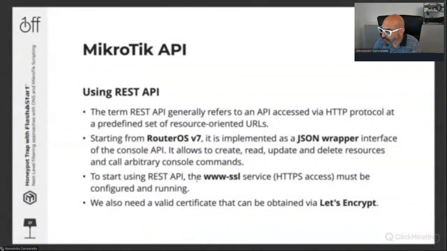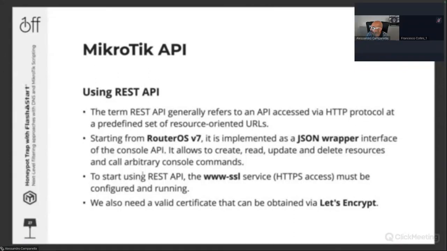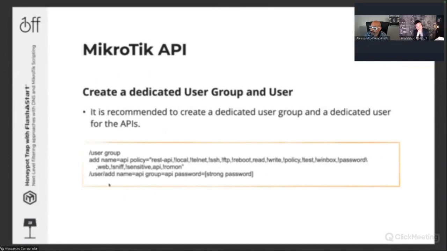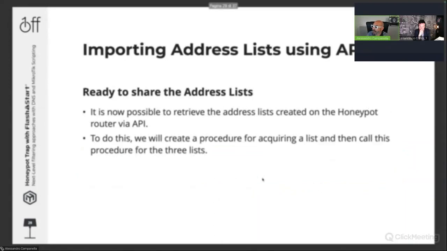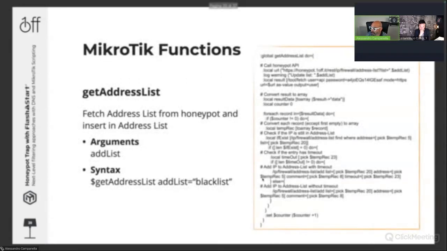So after that, I create a group for the APIs, the user, use a strong password on it, please, and then I'm ready to share this address list to other routers.